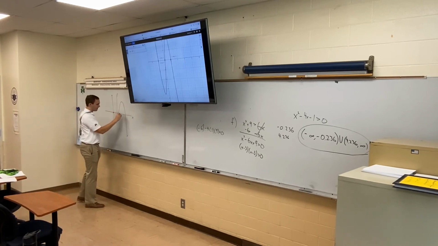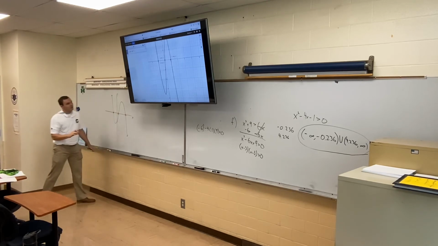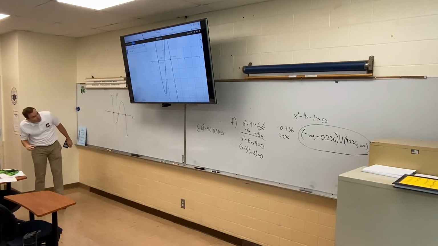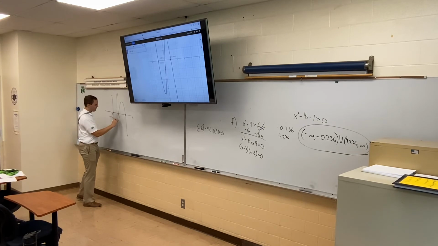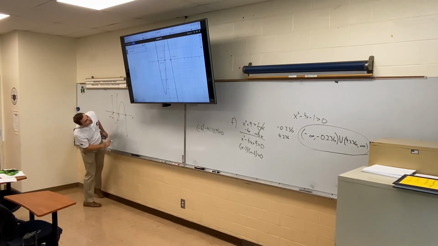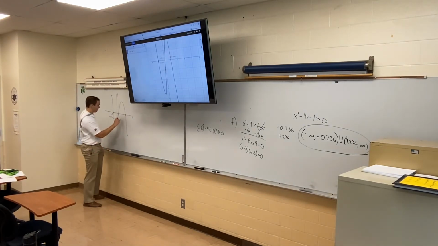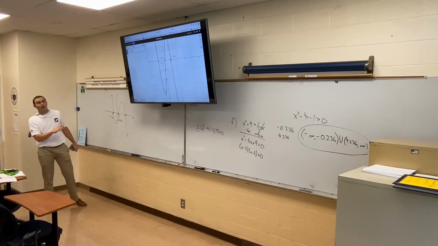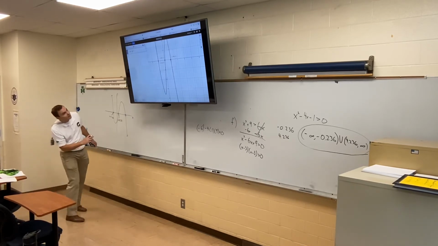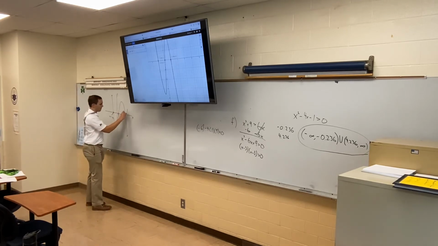It's less than, right? It's a less than symbol. So negative 2.06, positive 0.125, and positive 1.934.